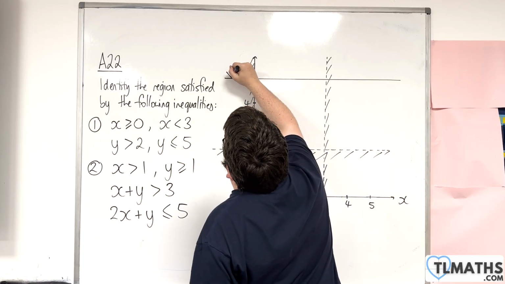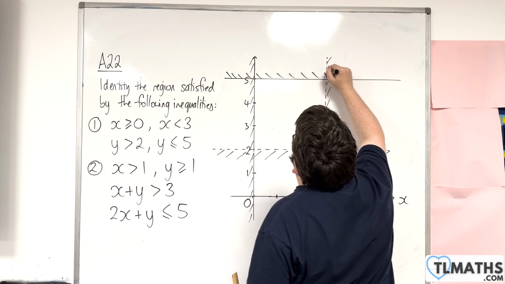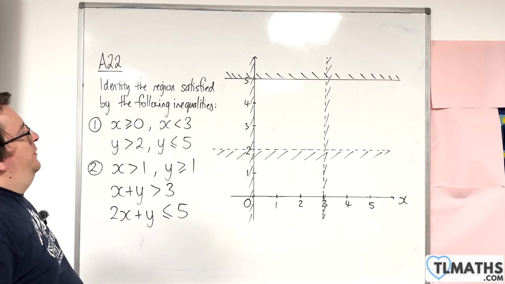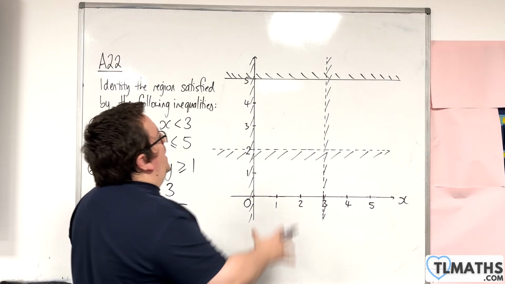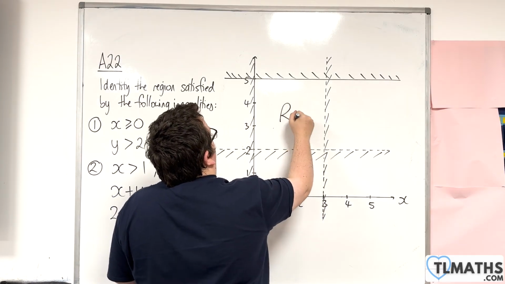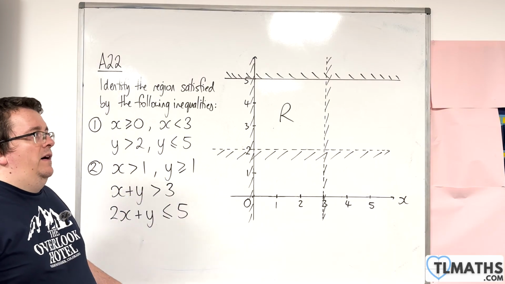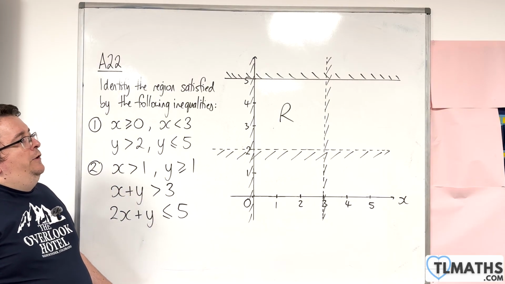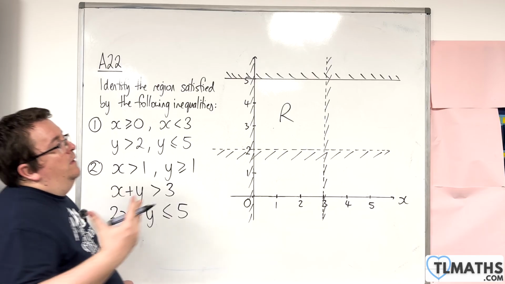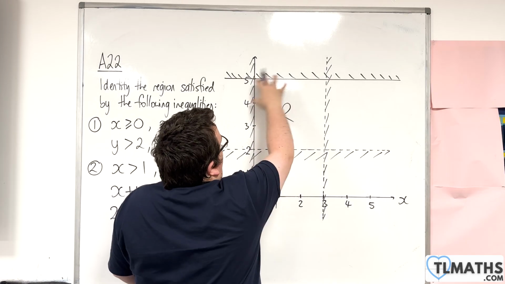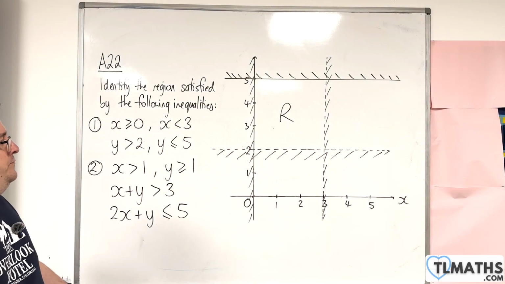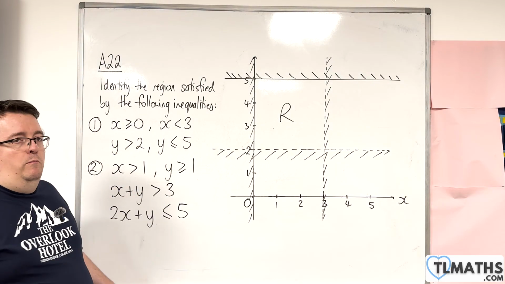So we want to shade the region we don't want, which is that. So what we get left with is this square here that's 3 long, 3 high. And so this is the region that we want, and we'll label that with R. Okay? So if you are shading the region you don't want, the region that you do want becomes clear because there's no shading in there. So that's example number 1.